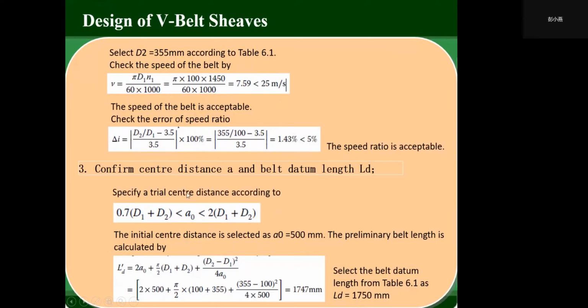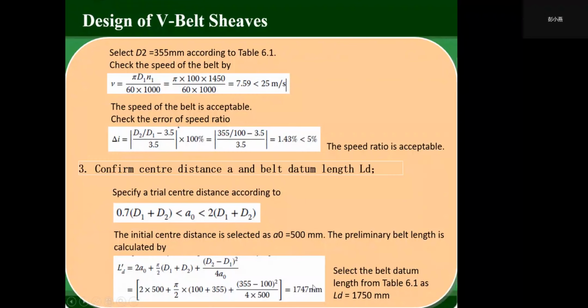Specify a trial center distance alpha 0. We use this to select the alpha 0 within this range, and we use D1, and we select D2, and within this range we select alpha 0 is 500 millimeter, and then calculate the preliminary belt length LD prime.